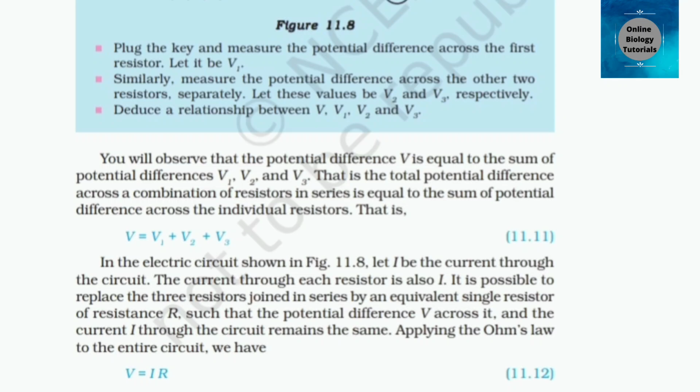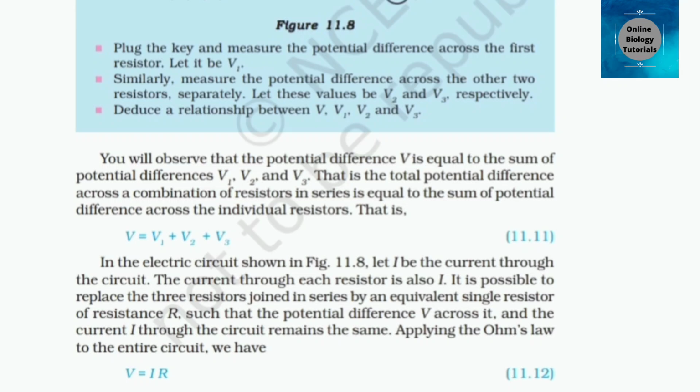Deduce a relationship between V1, V2 and V3. You will observe that the potential difference V is equal to the sum of potential differences V1, V2 and V3. That is, the total potential difference across a combination of resistors in series is equal to the sum of potential differences across the individual resistors. That is, V equals V1 plus V2 plus V3.